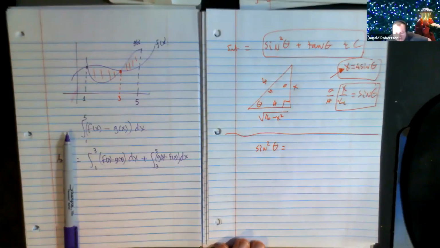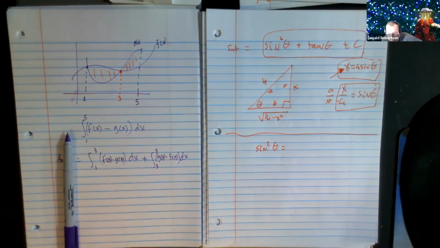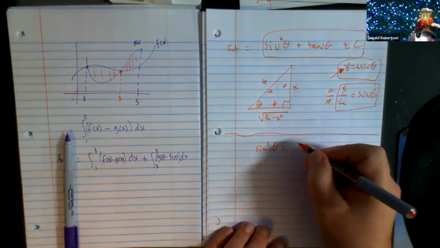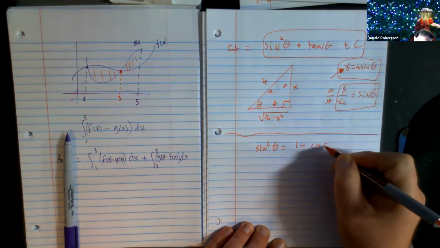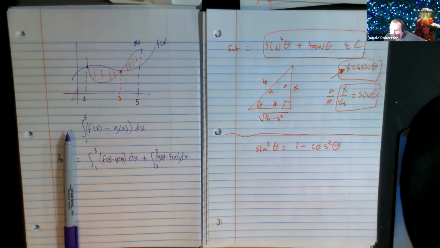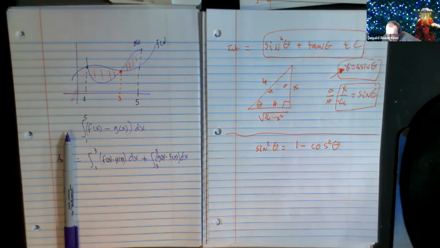Right, before we move on here, I want to do some identities, and there are millions of these little darlings. It kind of depends on what you need, what you've got. Sine squared sometimes can be written like that because it's helpful.